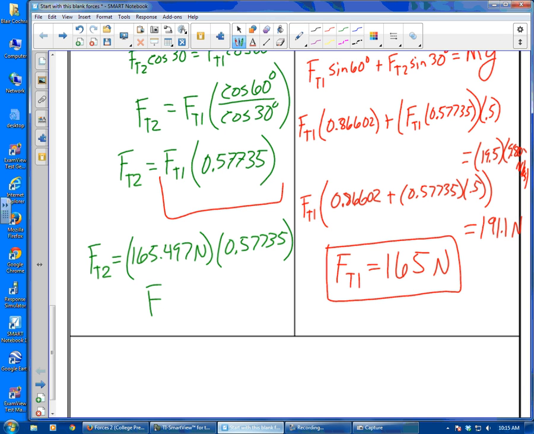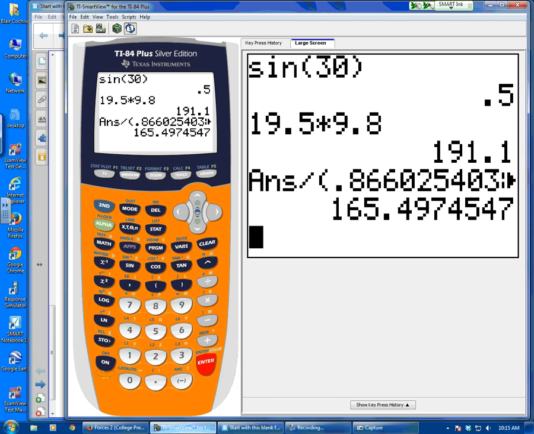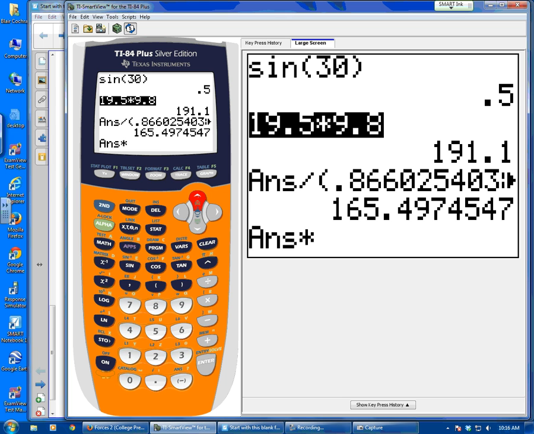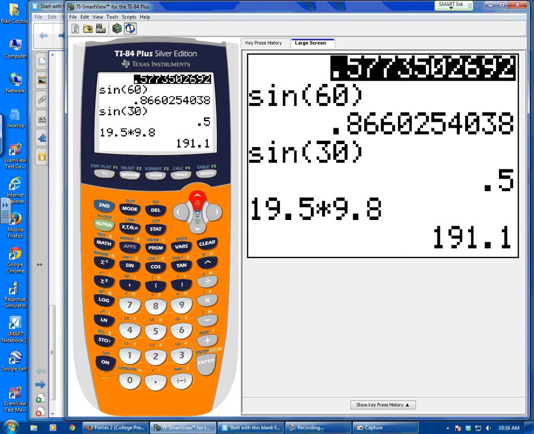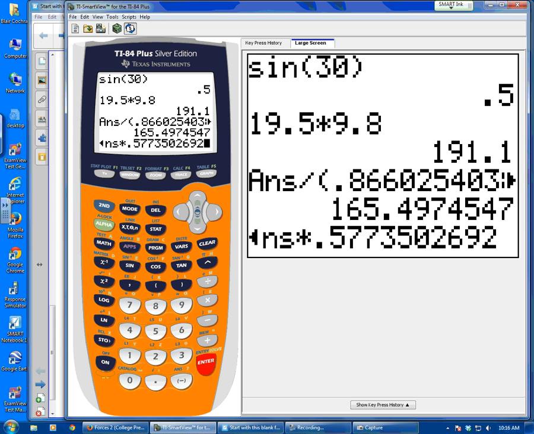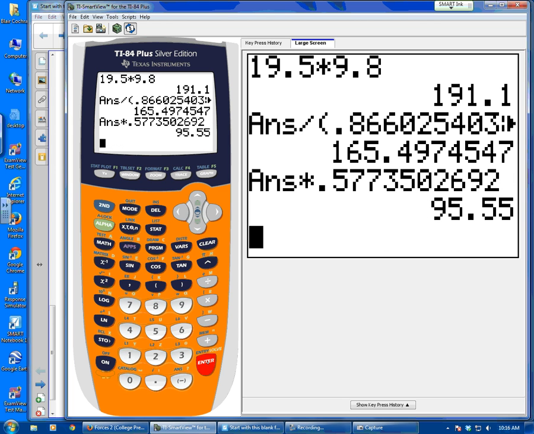So FT2, that times 0.577. There it is. And I get 95.6.